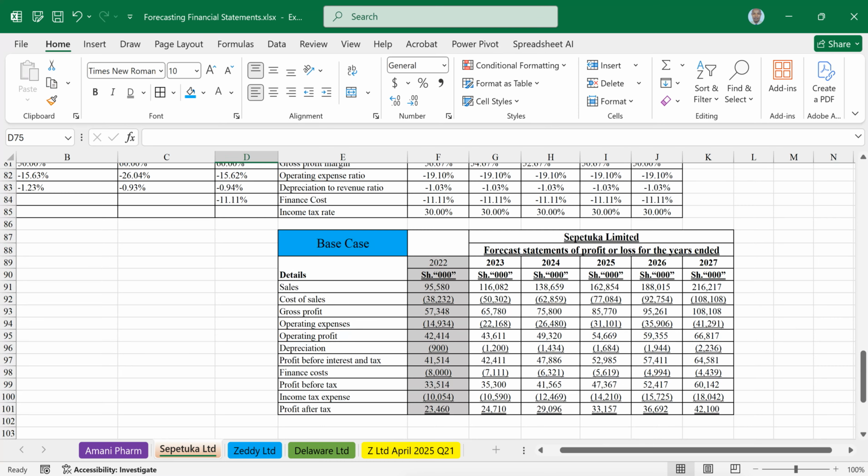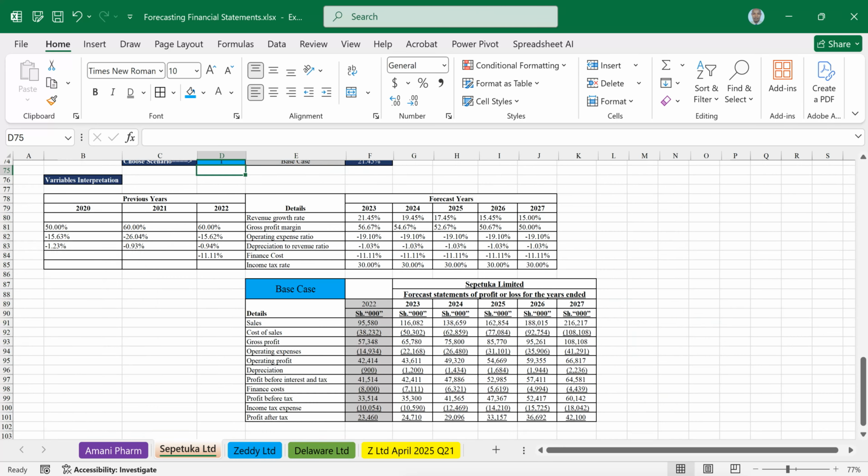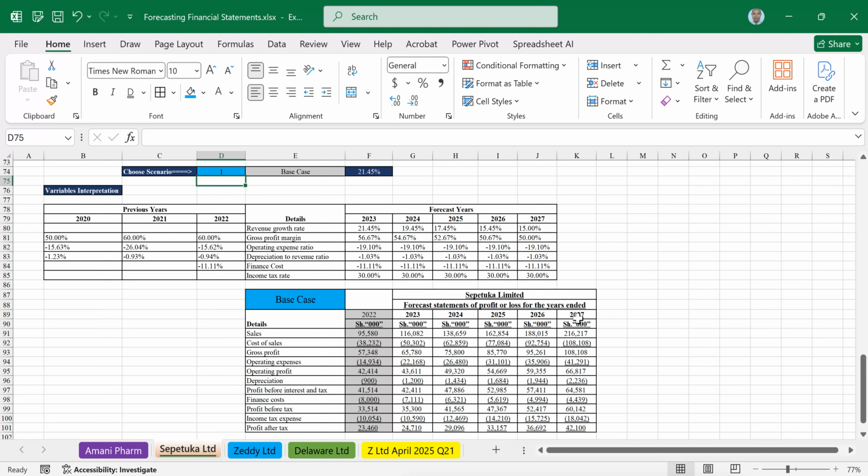Let me zoom so that you can see how those answers are changing. If you change this to 2, most of these answers are changing. If you change this to 3, these answers are changing. If you pick again 1, the results are changing.